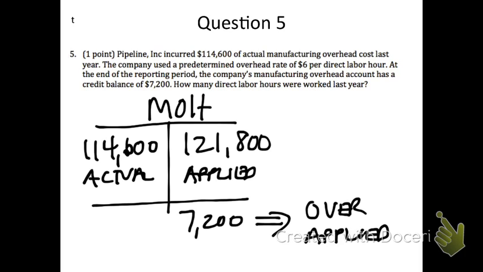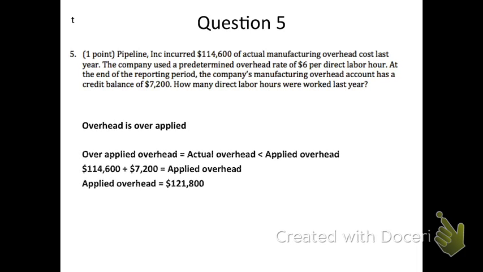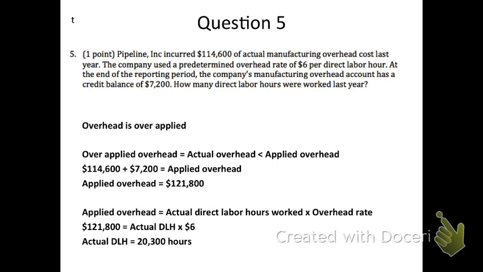Well, I know that applied overhead is equal to the direct labor hours times the $6 overhead rate. And so if I divide 121,800 by 6, I get the total number of direct labor hours that were worked. And so we'll see the solution on the next slide here. And so the total amount of direct labor hours worked is 20,300.